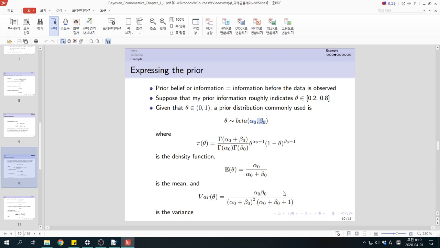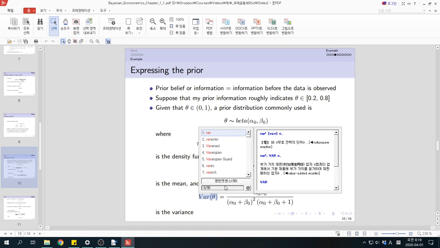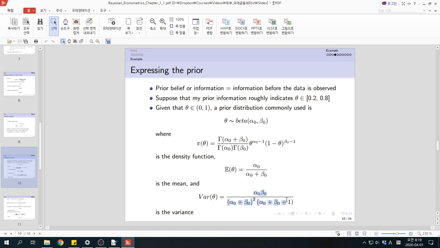If alpha 0 and beta 0 are both 1,000, this variance of theta is much smaller. Small variance means your prior is very strong. You believe that theta must be around 0.5. It can't be 0.6, 0.7. It should be very close to 0.5 because your prior density is very tight.